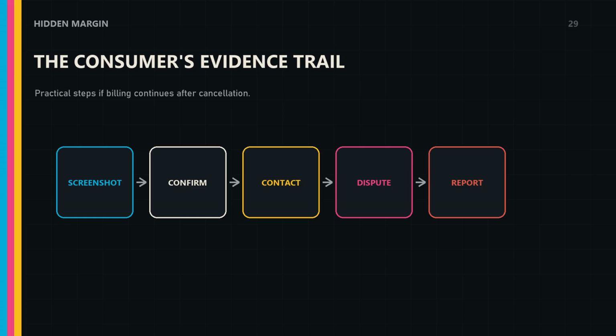If billing continues after cancellation, evidence matters. Keep the confirmation, capture the account status, contact the company in writing when possible. Check subsequent statements. For automatic debits from a bank account, the Consumer Financial Protection Bureau explains that consumers can revoke authorization and contact their bank, while remembering that stopping a payment does not necessarily cancel an underlying contract or debt.